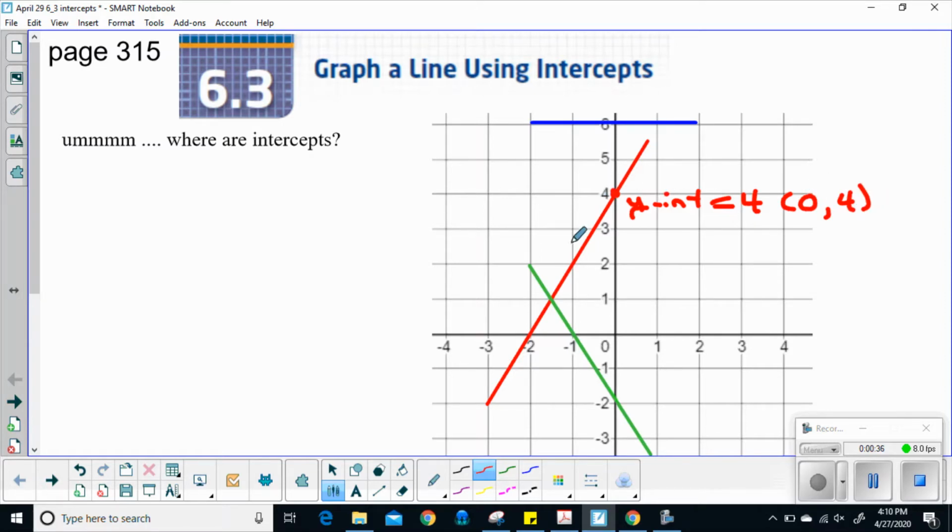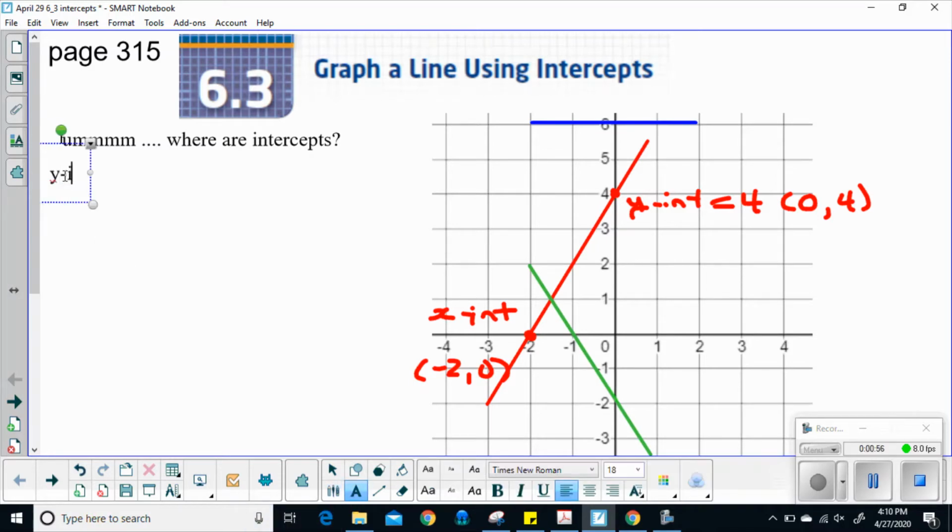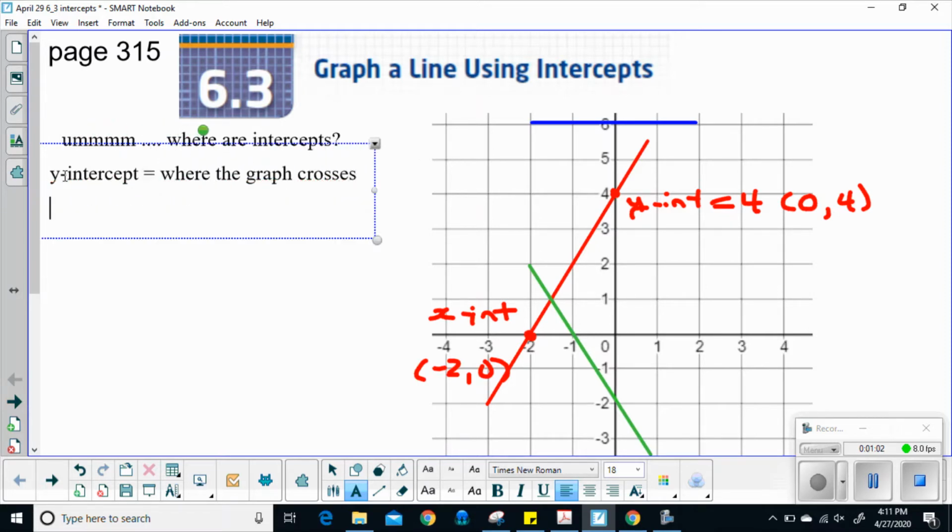And if I keep going down here and figure out where it crosses my x-axis, then that would be my x-intercept. And at this point, it's at the point (-2, 0). Okay, so let's maybe write that out. We now know that our y-intercept is equal to where the graph crosses the y-axis.